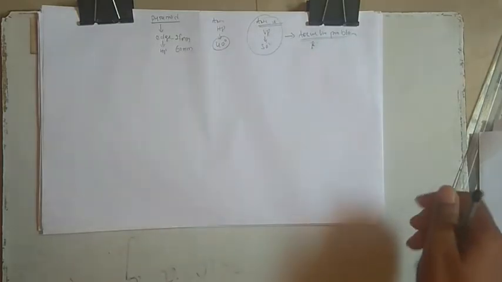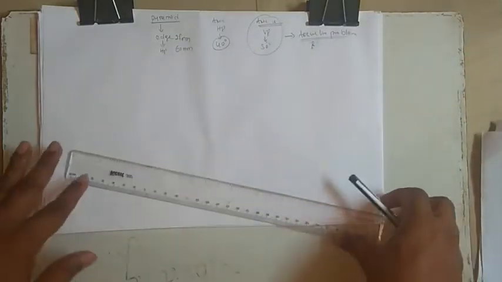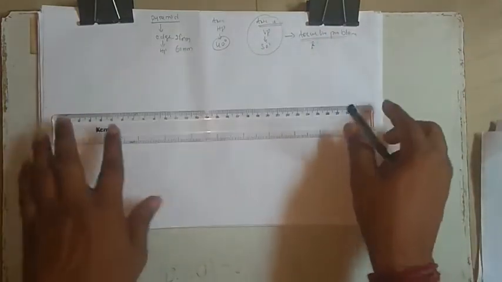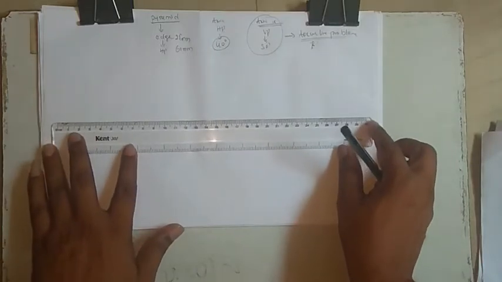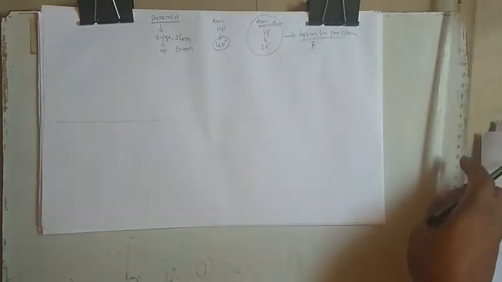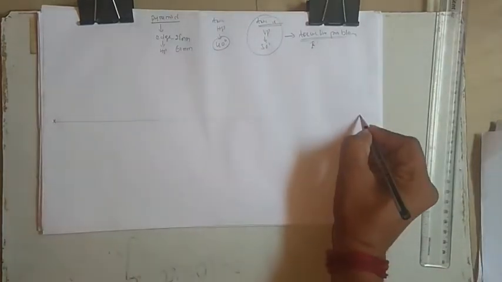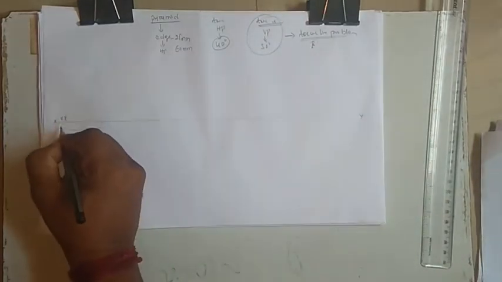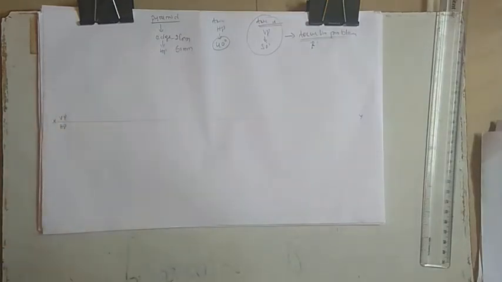Now to start with, we have a pentagonal pyramid. You should be able to divide the space in a proper way. So this is VP, this is HP.